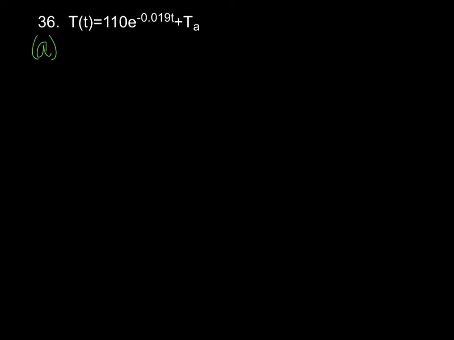So you're going to plug in T equals 0. So I'm going to do T of 0 equals 110 e to the negative 0.019 times 0 plus, and then the ambient temperature, which is the room temperature, which is 70 degrees.